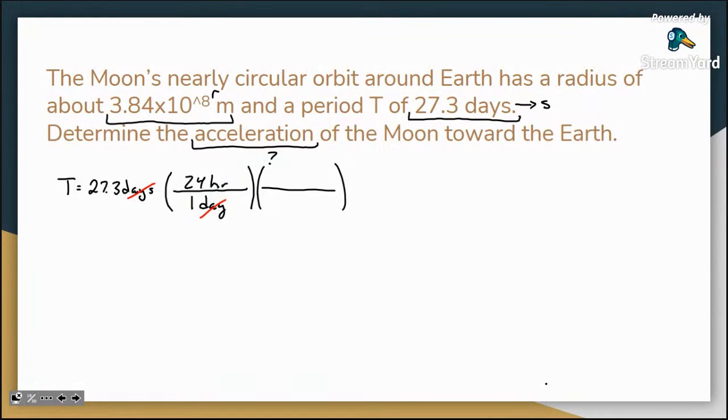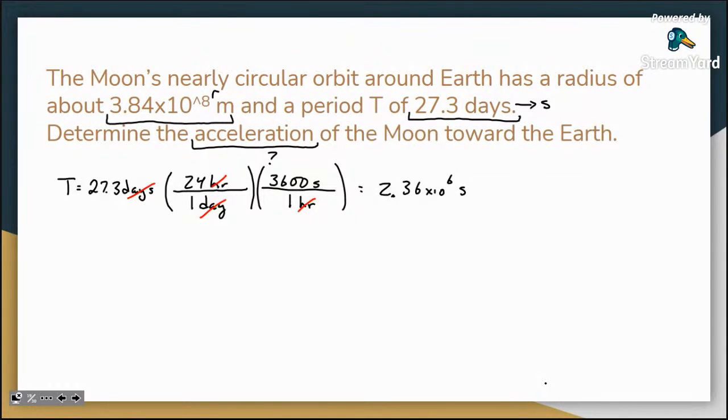I'm then going to recognize that there are 3,600 seconds for every 1 hour, because it'd be 60 times 60. In doing so, hours will cancel, leaving me with seconds. And I calculate a value of 2.36 times 10 to the 6th seconds. So that's the period.